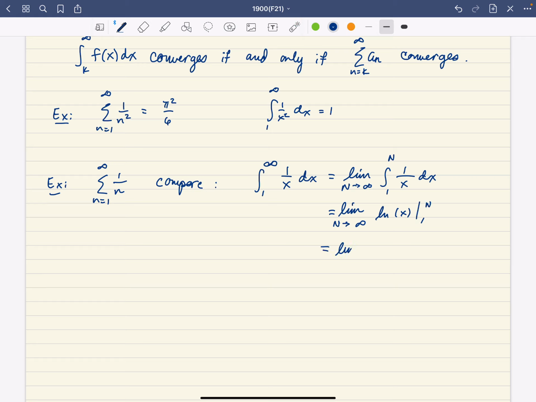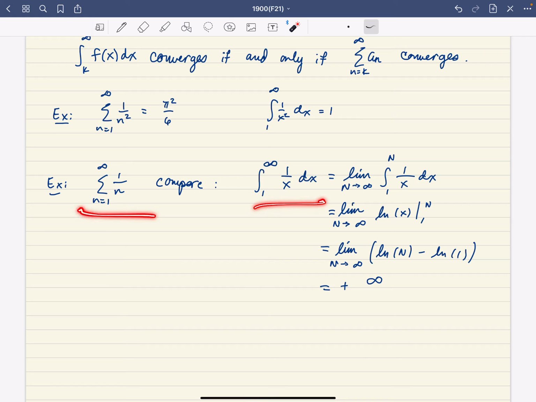This is the limit as n goes to infinity of the natural log of n minus the natural log of 1. Natural log of 1 is 0. But the point is that this is infinite, because the natural log of n tends to infinity as n tends to infinity. And therefore this integral diverges, and therefore this series diverges. So this is kind of a third proof that the harmonic series diverges, and everything is completely consistent with one another.